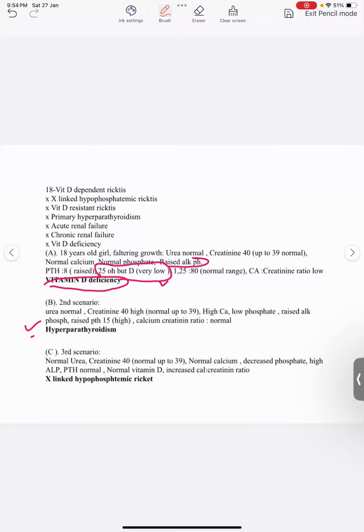Hyperparathyroidism: calcium is low, phosphorus is low, and alkaline phosphatase and PTH are all raised. The last one, normal urea and creatinine, so it is not a case of CRF, normal calcium but decreased phosphorus, high alkaline phosphatase and PTH. Why? That was due to a mutation in fibroblast growth factor 23.